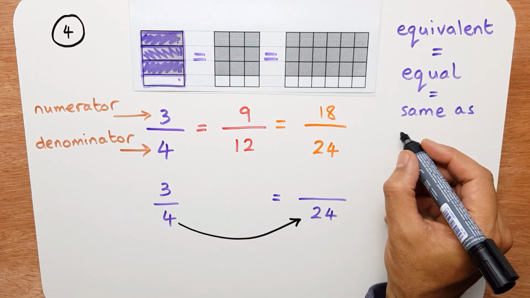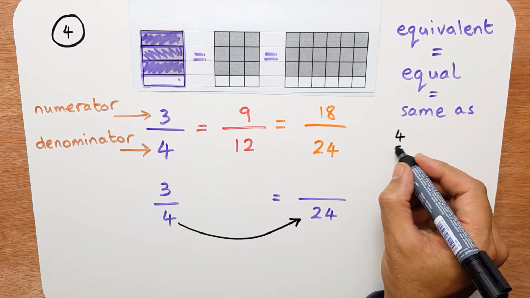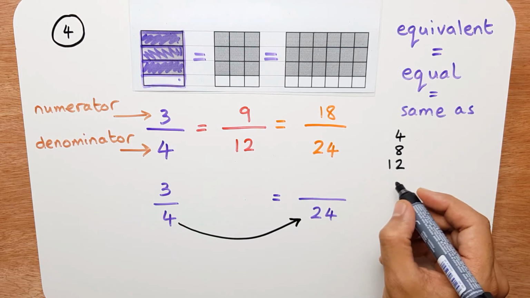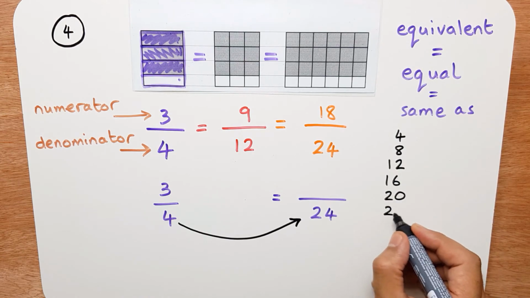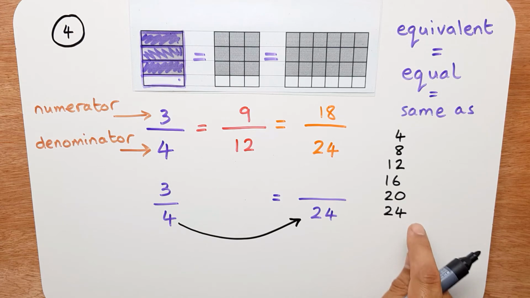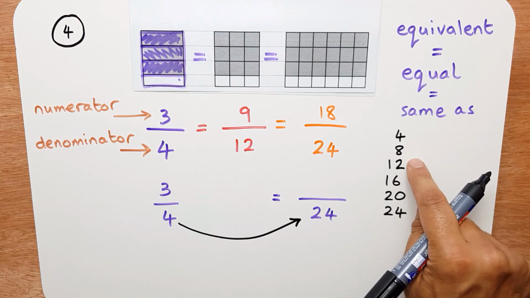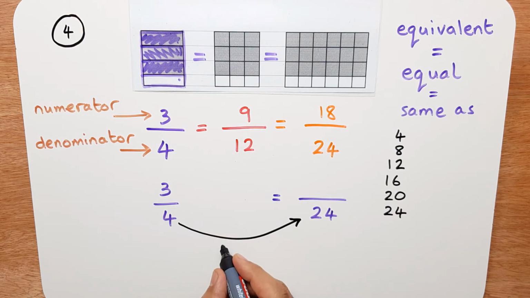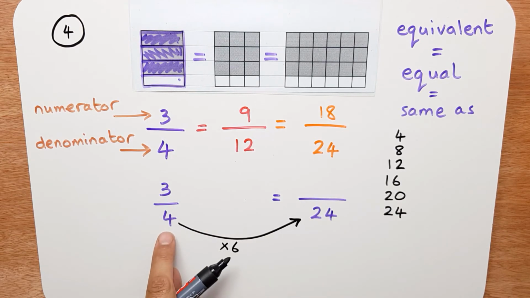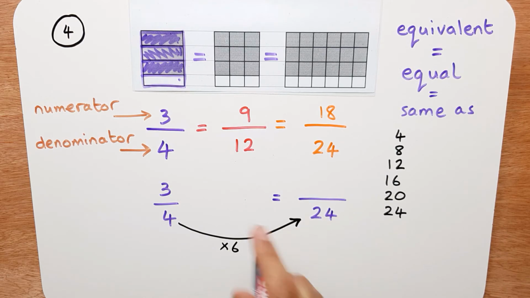So let's try our 4 times tables. 4, 8, 12, 16, 20, 24. We can stop there. So how many 4s are there? 1, 2, 3, 4, 5, 6. So I have to multiply 4 by 6. So the denominator I have to multiply by 6 to get 24.